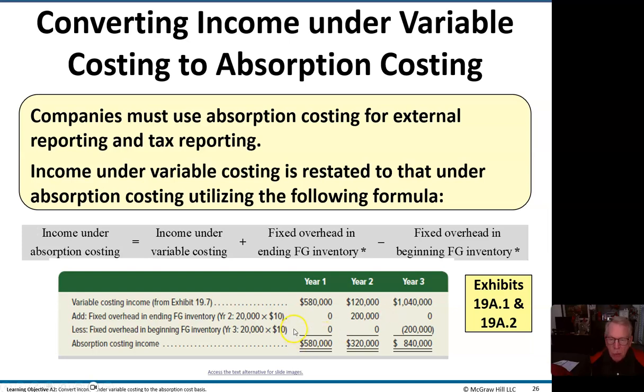And in the last year, the same thing, except we go the other way with it because fixed overhead in beginning inventory was $200,000. So as you can see, I like to use the term hiding $200,000 of fixed overhead in finished goods inventory in year 2 that we have not expensed through cost of goods sold yet. Whereas in year 3, we do expense that.